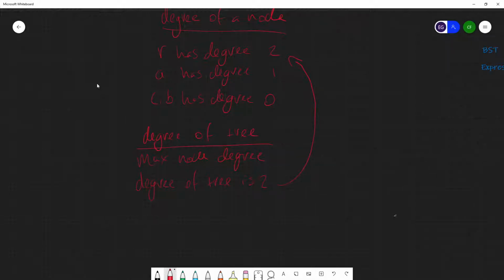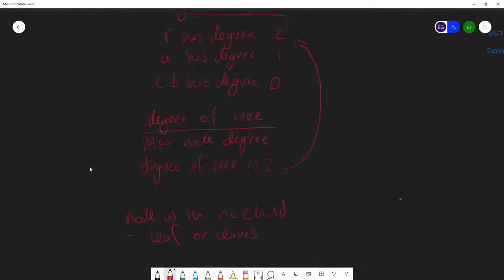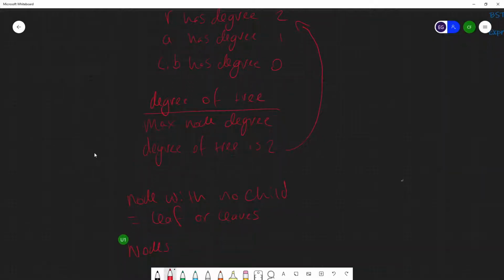We can say that a node without any children can be called a leaf. So we can say that nodes that are not the root or leaves are called internal nodes.